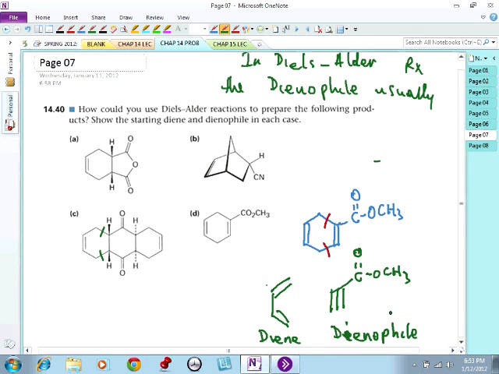Yes, go ahead. Okay, very good. Based on what we have here, if we clip this here, keep in mind that this will become your diene, double bond here, and we know that you must have the dienophile with at least one double bond, and that double bond must disappear at the end of the process.